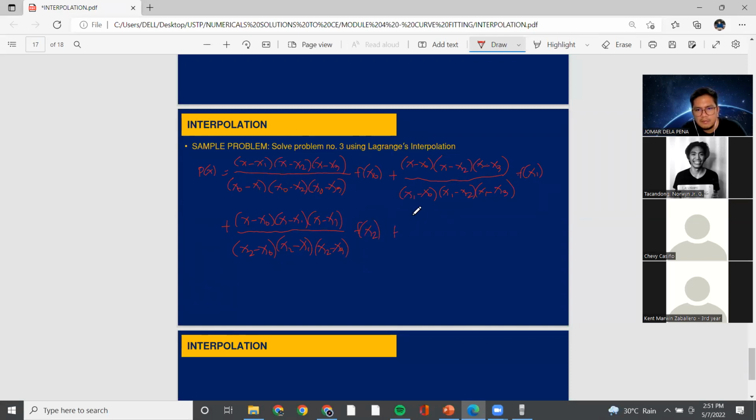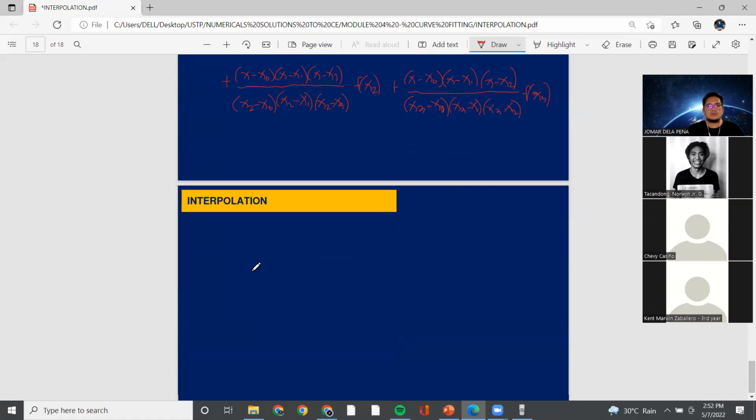For the last term, we have X minus X sub O, X minus X sub 1, X minus X sub 2 over X sub 3 minus X sub O, X sub 3 minus X sub 1, X sub 3 minus X sub 2, and function of X sub 3.